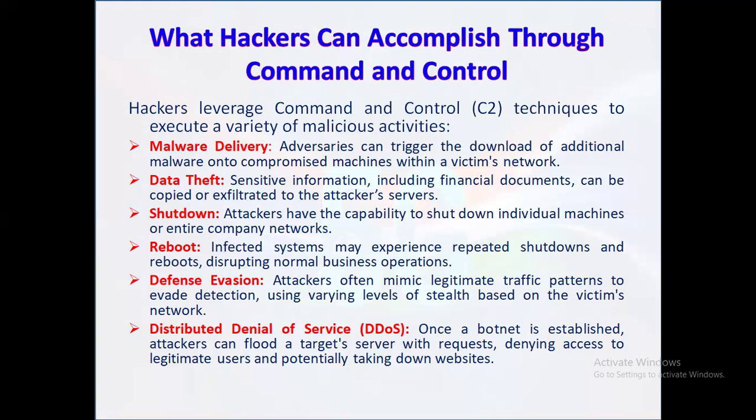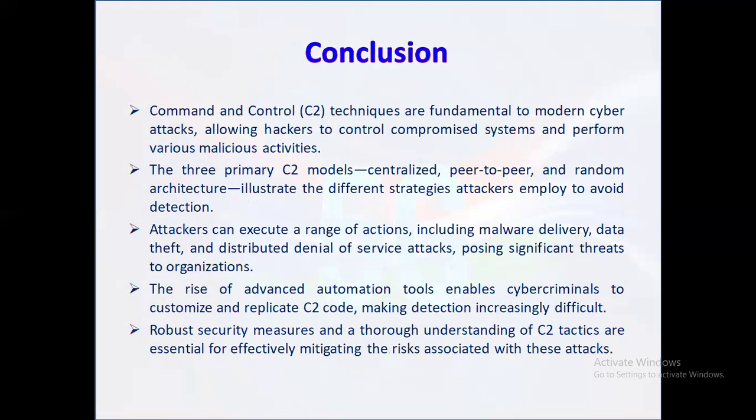So, coming to the conclusion, command and control techniques are fundamental to modern cyber attacks, allowing hackers to maintain control over compromised systems while executing various malicious activities. These techniques serve as the backbone of many sophisticated attacks, highlighting the need for awareness and understanding among security professionals.